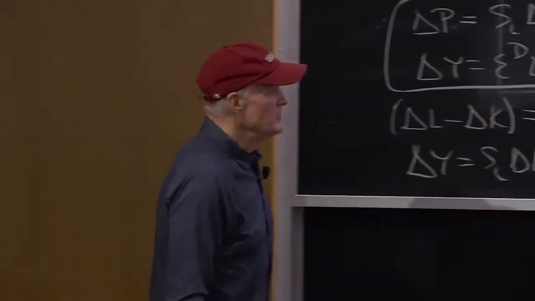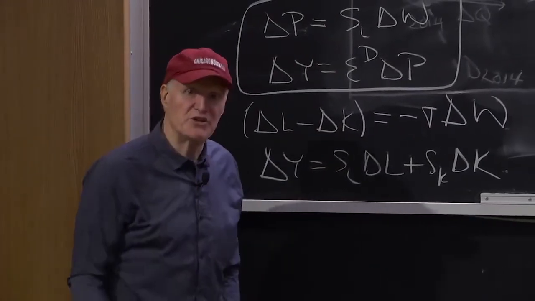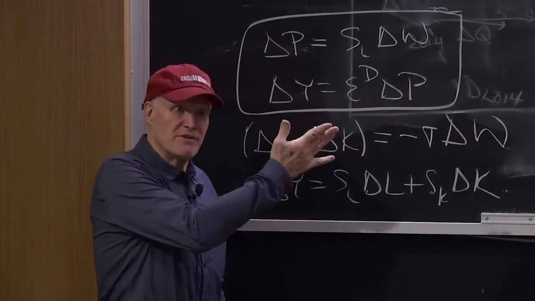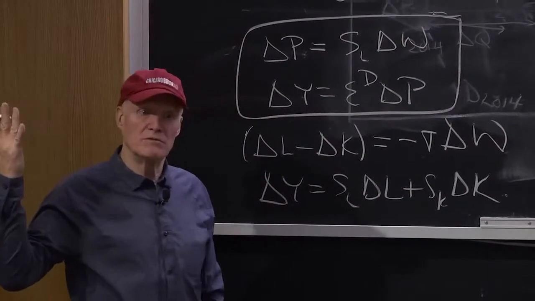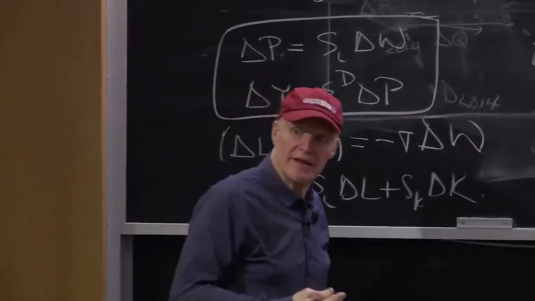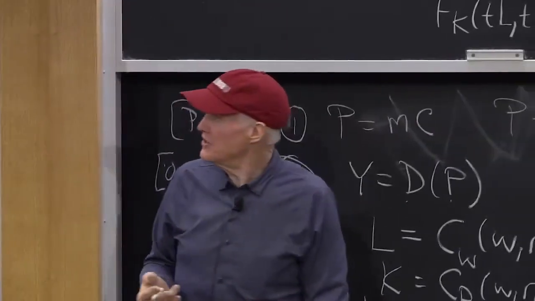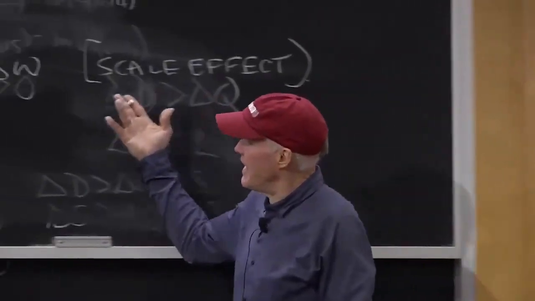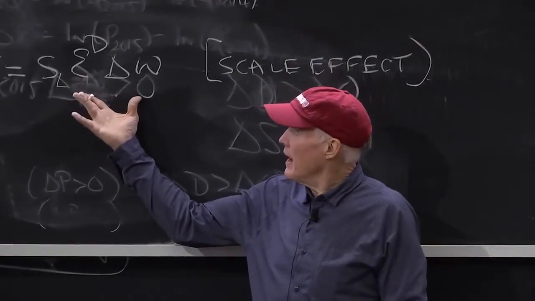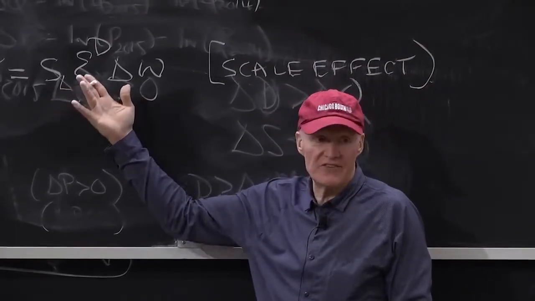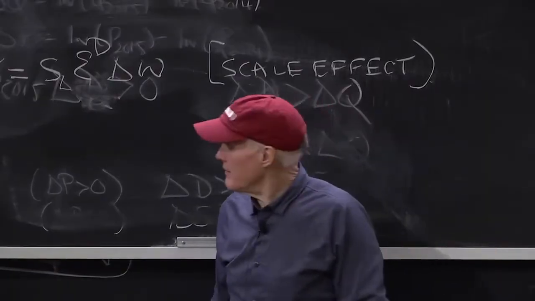So a union comes into this industry, jacks up the wage rate, prices of output rise, output's going to fall. That's kind of the idea in mind. How much it lowers output depends on labor share as well as the elasticity of demand. Okay?